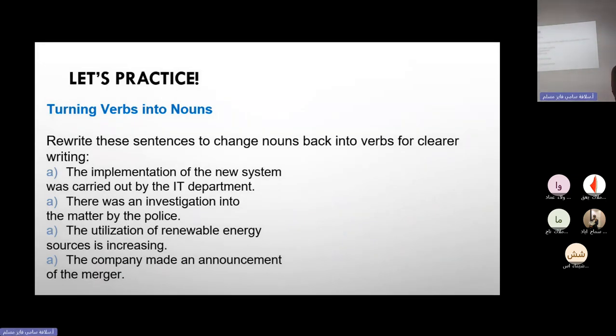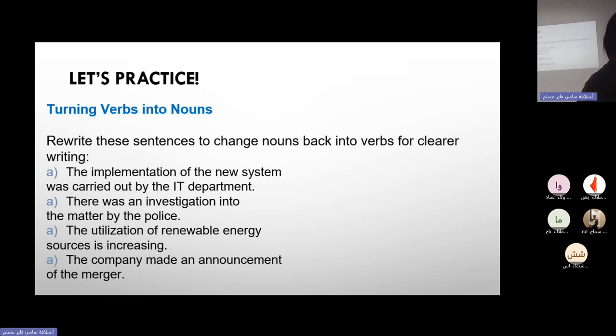Rewrite these sentences to change nouns back to verbs. Okay. عشان تعملوا writing more clear. The implementation of the new system was carried out by the IT department. هعملكم الأولى.